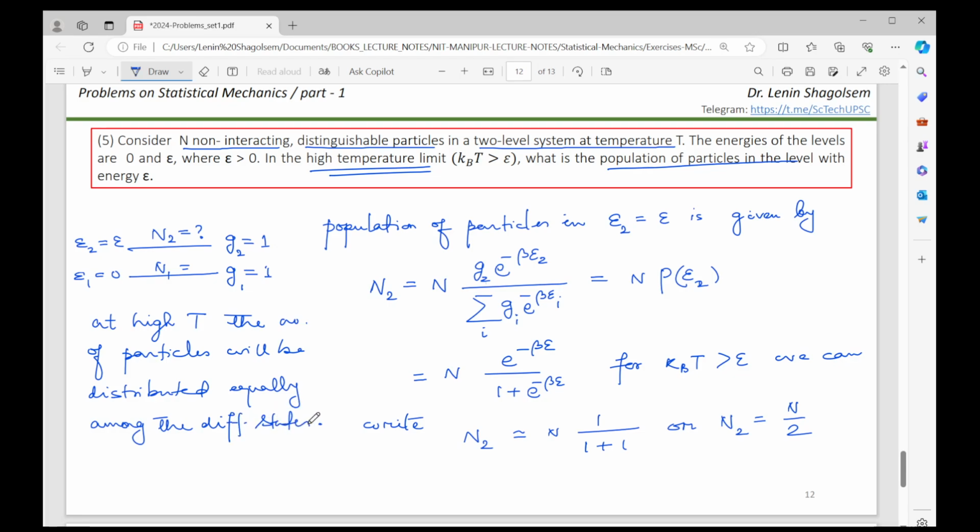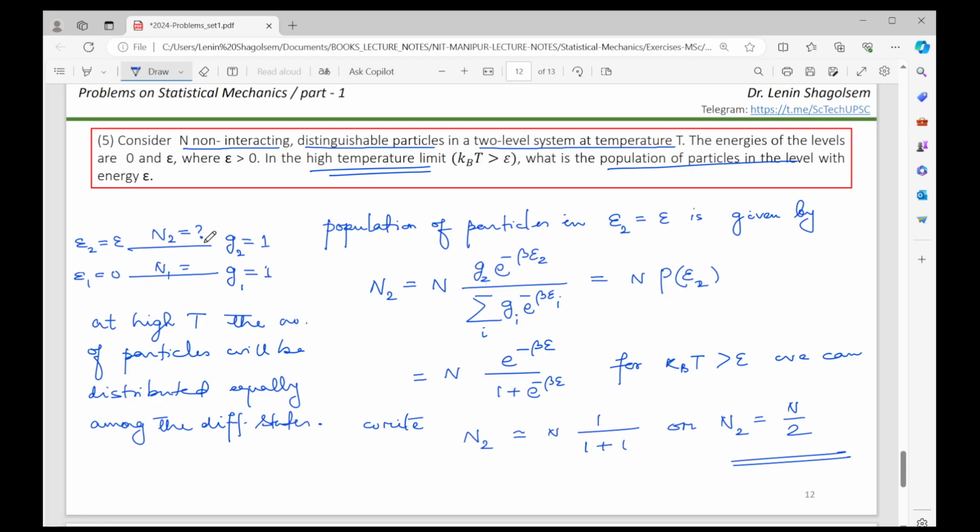Or in other words, you can also say that all the different states will have the same number of particles at high temperature. Okay, so we have obtained the population of the particles in the upper energy level at high temperature.